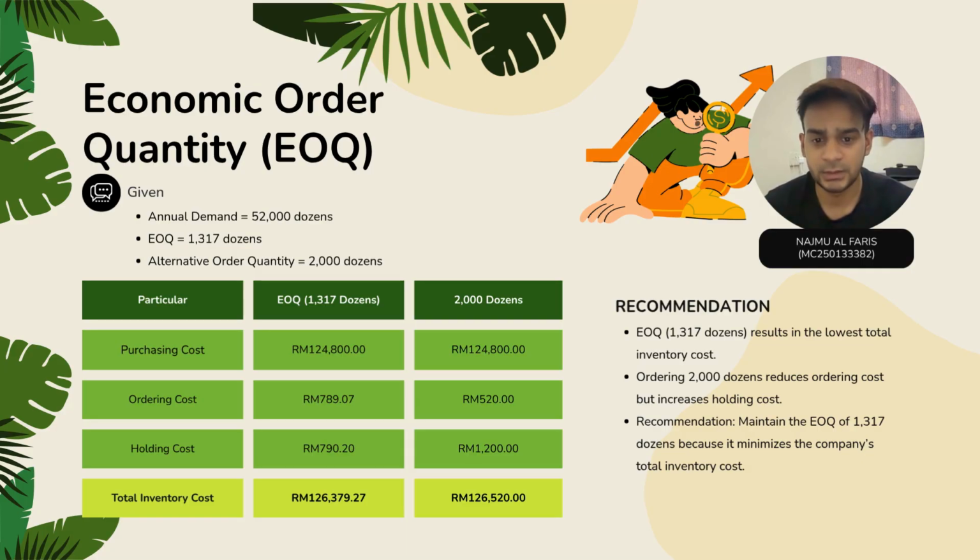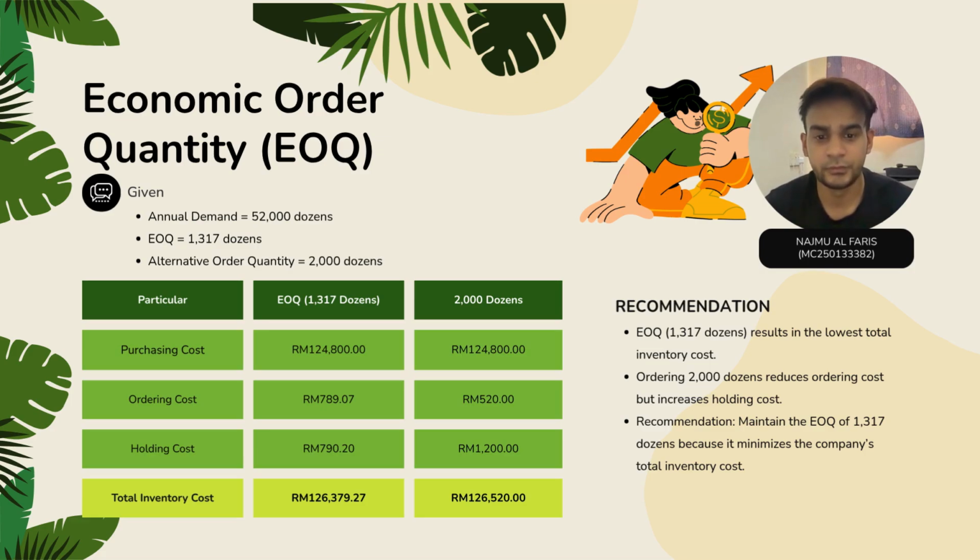As a result, the total annual inventory cost under the EOQ policy is 126,379 ringgit 27 cents, while ordering 2,000 dozens results in a higher total cost of 126,520 ringgit.